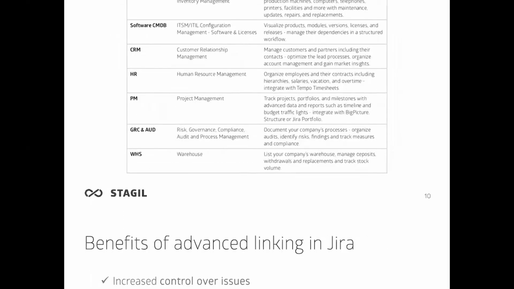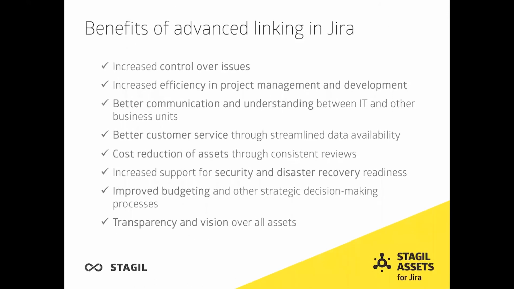And that brings you more control over the issues in Jira so that you can be more efficient. You know where your issues are and you know what's connected to something. For instance, when you have your staff, you can track which assets they hold and if the assets have problems, so that you have more efficiency and more transparency.